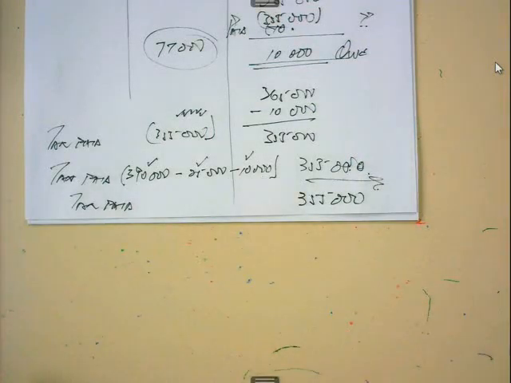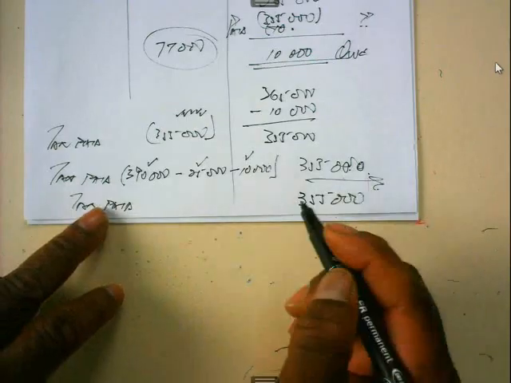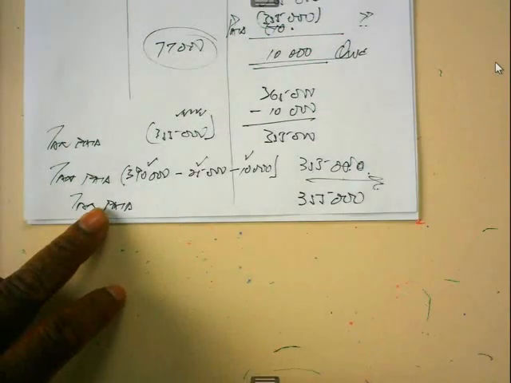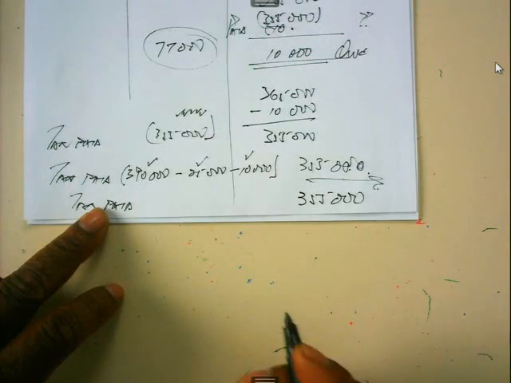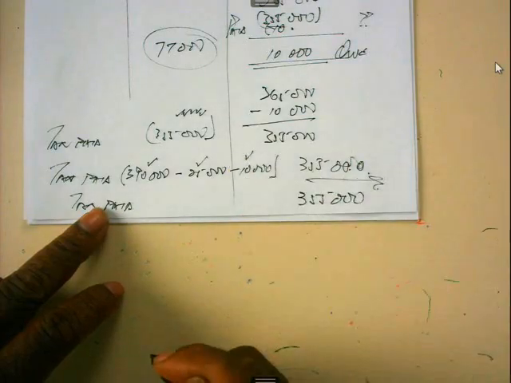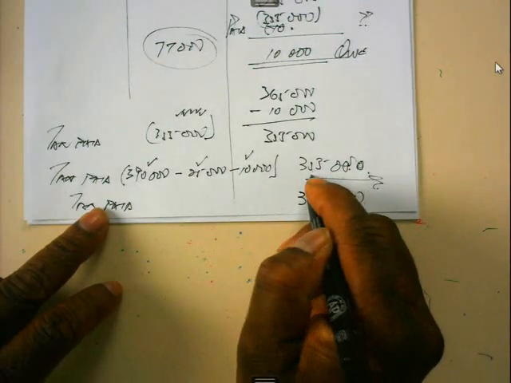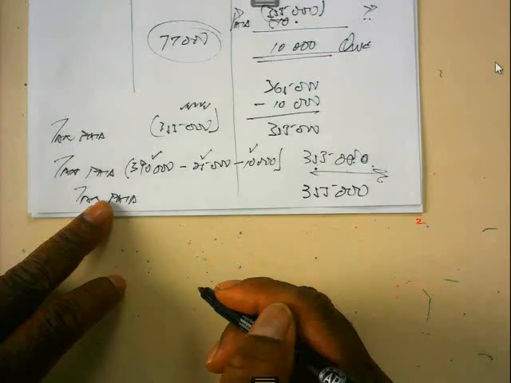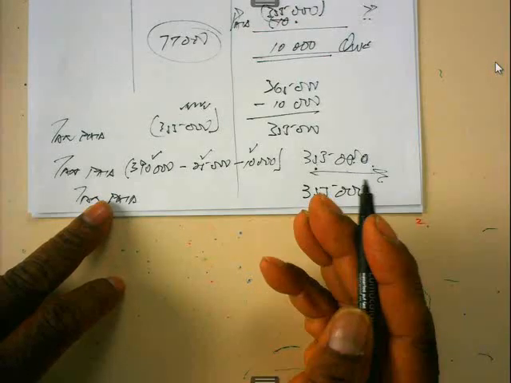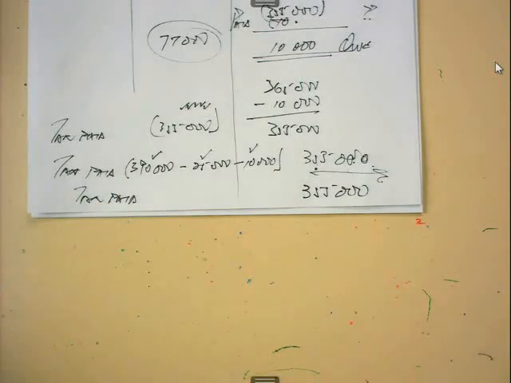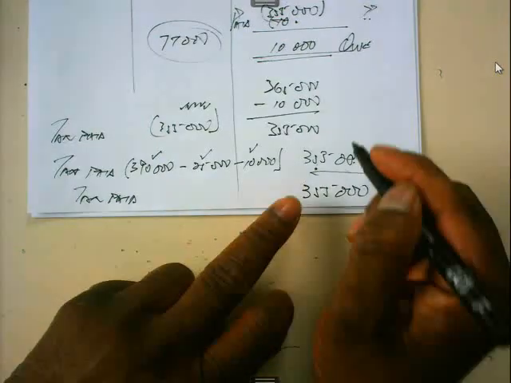At times you may have something wrong here. You may have this as 365 or 375 where you've added the 10,000, by mistake or the way you understand it.